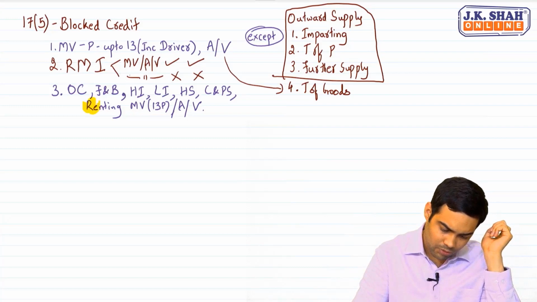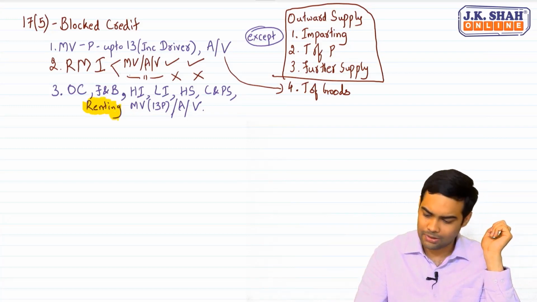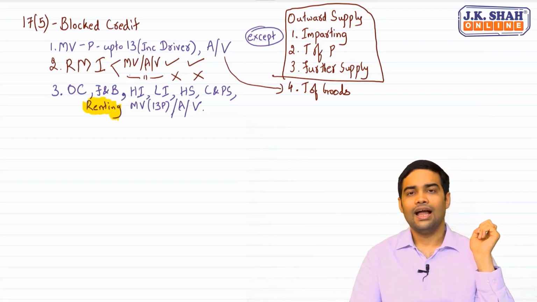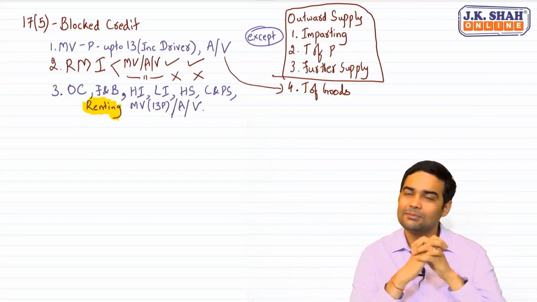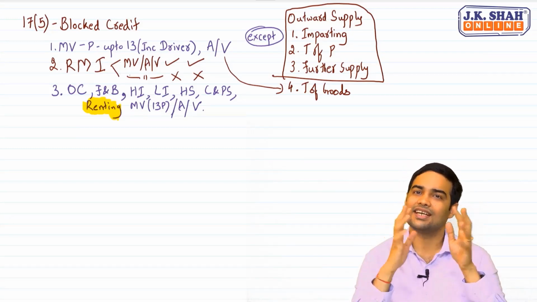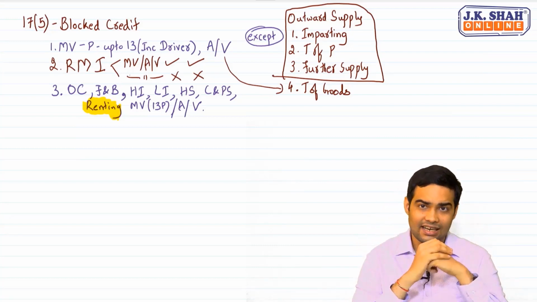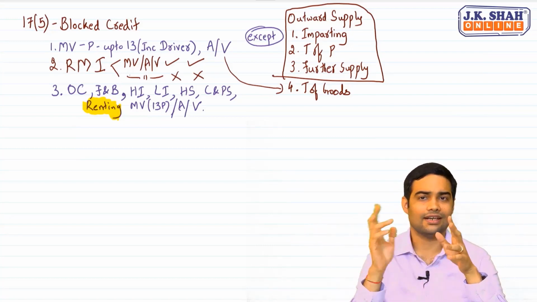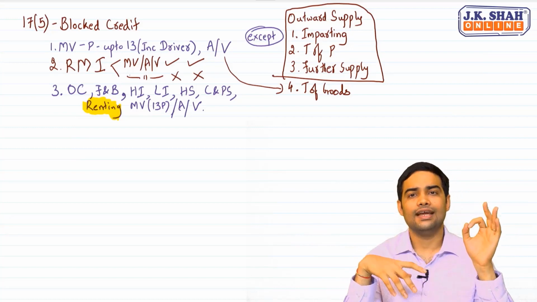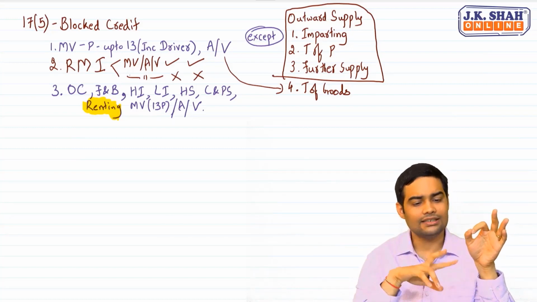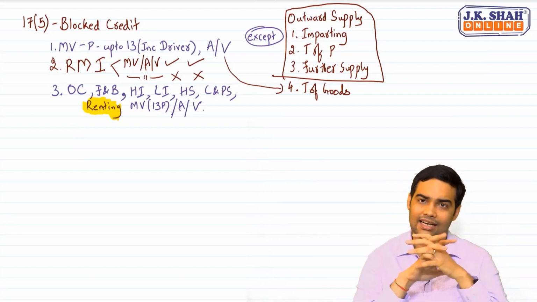Clear with this? Be very careful about this renting. Let me give you a small and a very critical example of this. Now, I have a friend, Mr. A, he has purchased a car. He is giving it on rent to Cgsp classes for professor traveling. Mr. A has purchased a car, he has given it on rent to Cgsp classes.